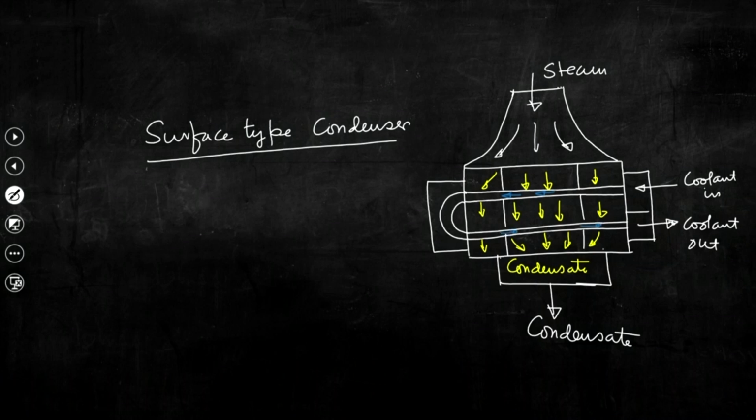You can understand this is called two pass surface type condenser, as the coolant which is entering into the tube at the top passes from right to the left, again there is a bent tube, and through this bent tube which is connecting the top and the bottom tubes, that coolant again passes from left to the right and eventually it goes out. So, this is called two pass surface type condenser.